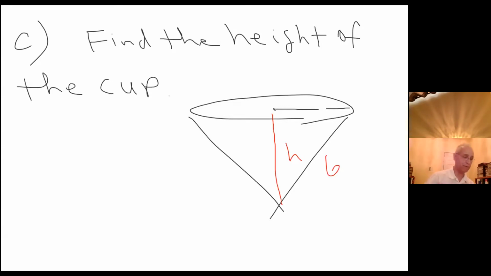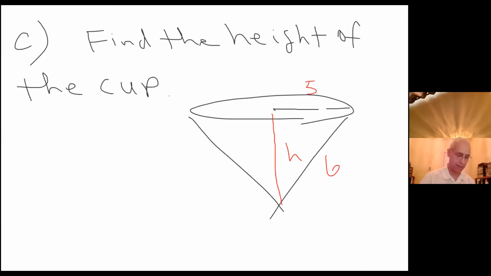Because that was the radius of the original circle. And we found the radius of this cone is 5 right here.